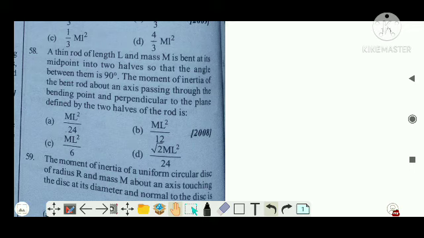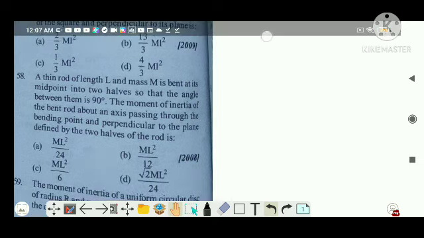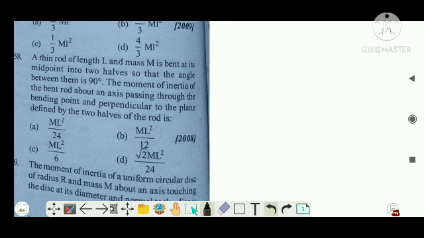58. A thin rod of length L and mass m is bent at this point into two equal halves so that the angle between them is 90 degrees. The moment of inertia of the bent rod about an axis passing through the bending point and perpendicular to the plane defined by the two halves of the rod is, that is, you have two rods like this.